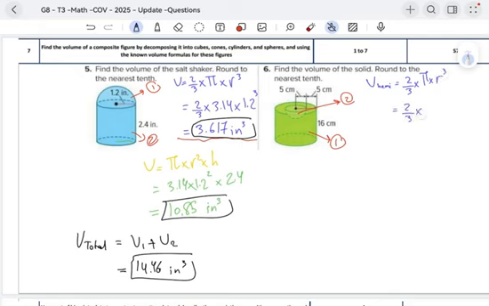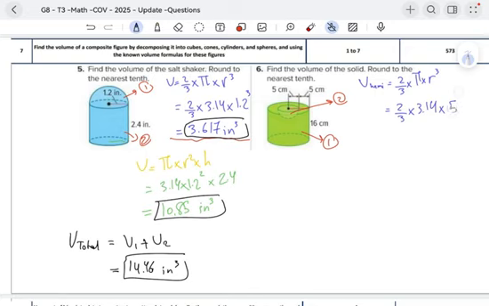Substitute 2/3 times 3.14 times the radius for the hemisphere, which is 5. So 5 cubed, which is 125, times 3.14 and times 2/3, this equals 261.6 repeating.